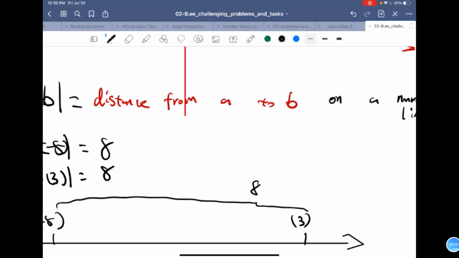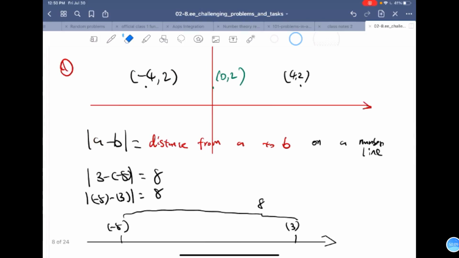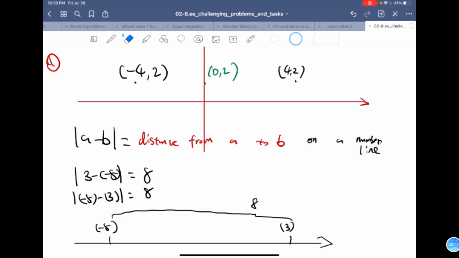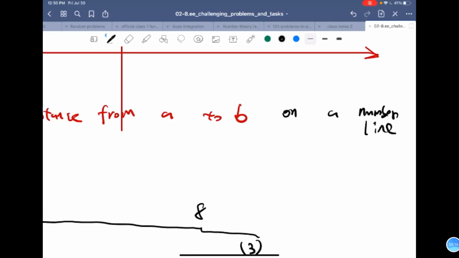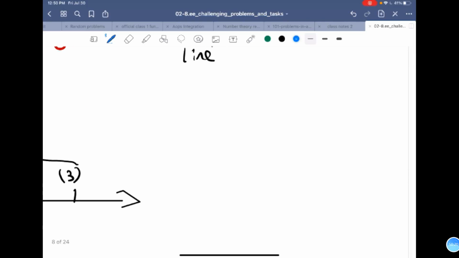I'm going to actually write some words. It's not that you just know the definition, but you know where the definition comes from. It's the distance from A to B. I'm going to write a side note there.